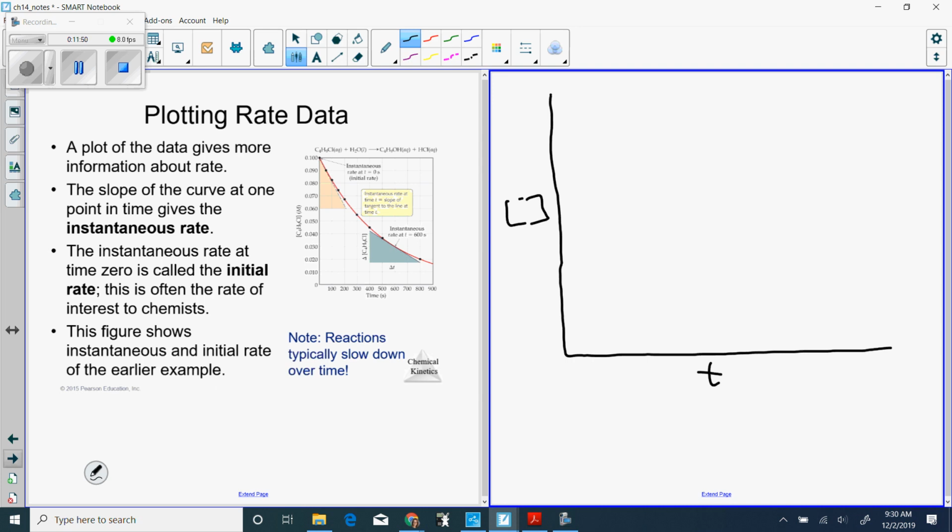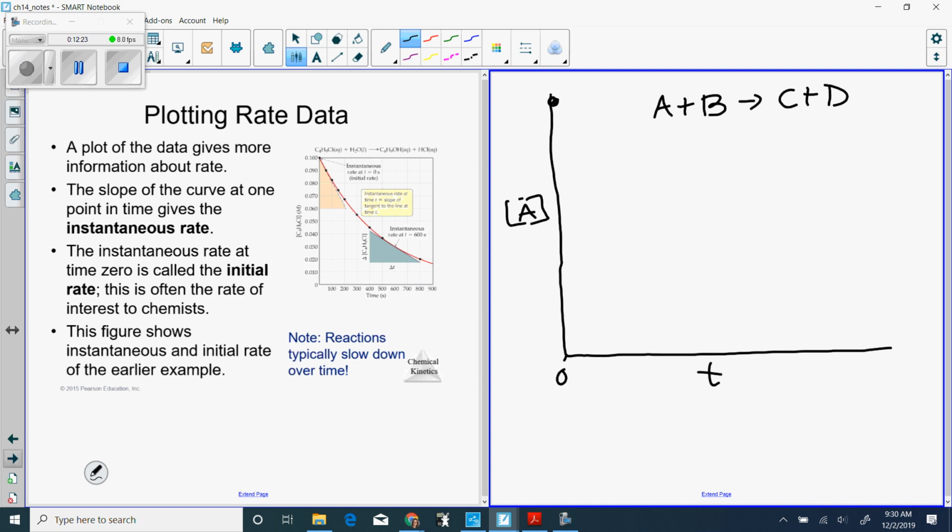Our x-axis is always going to be time. Our y-axis is always going to be concentration. Let's do our pretend A plus B yields C plus D, and we'll put A on our y-axis. So at time 0, I have a lot of A. Nothing has happened yet. Look at all this stuff.